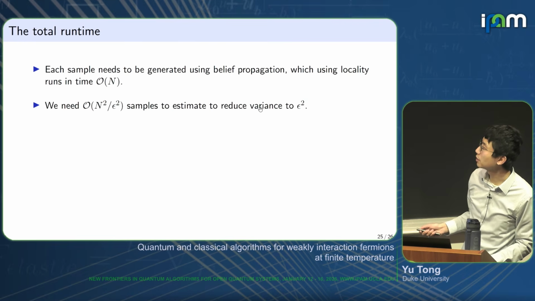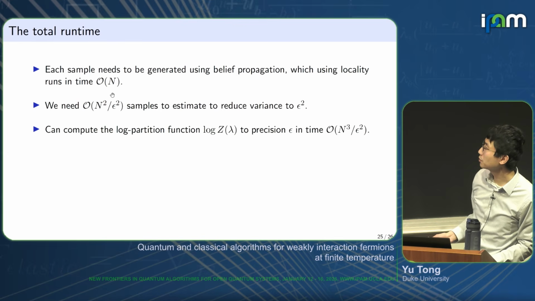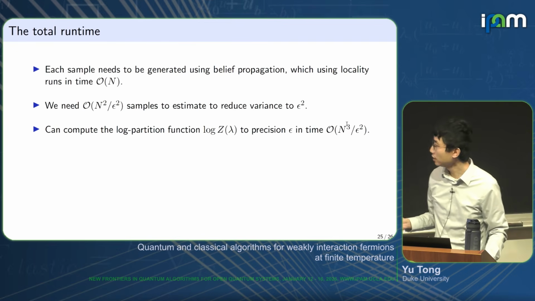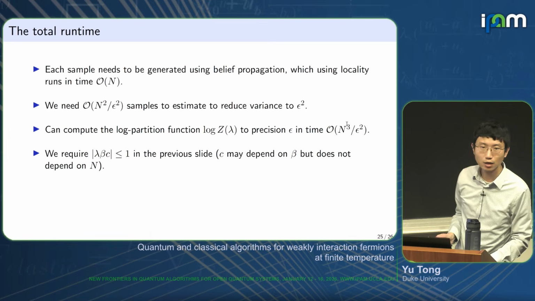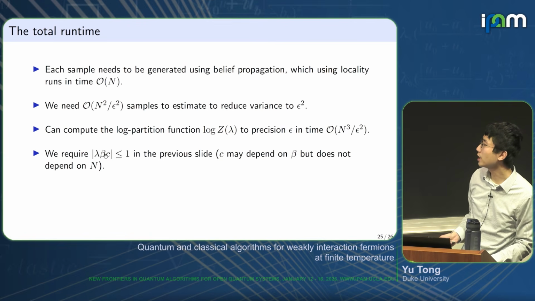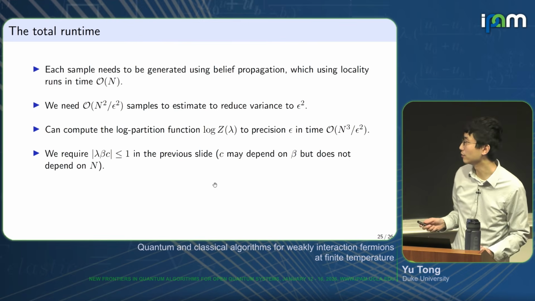So you want to reduce the total variance to be epsilon squared, so that this is the number of samples you need. Multiplying these two things together, you can see we compute the log partition function in time that is n cubed over epsilon squared. Of course we require this lambda to be small enough, so this is smaller than or equal to 1. But beta and c are both independent of the system size, so things are still fine.